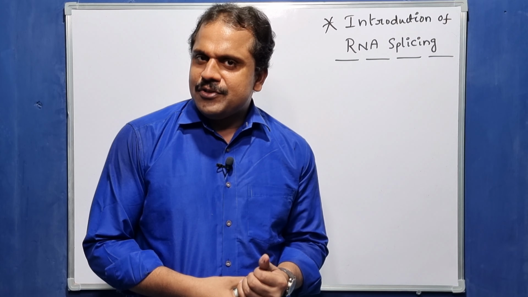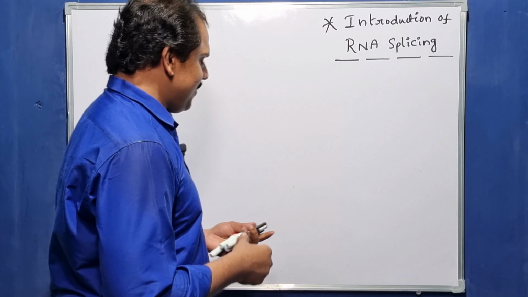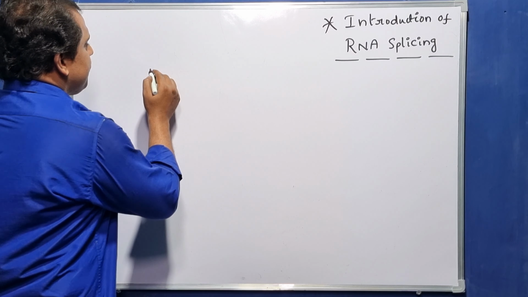Is it clear? For your better understanding, let me draw it on the board. Let us assume this is the double-stranded DNA.